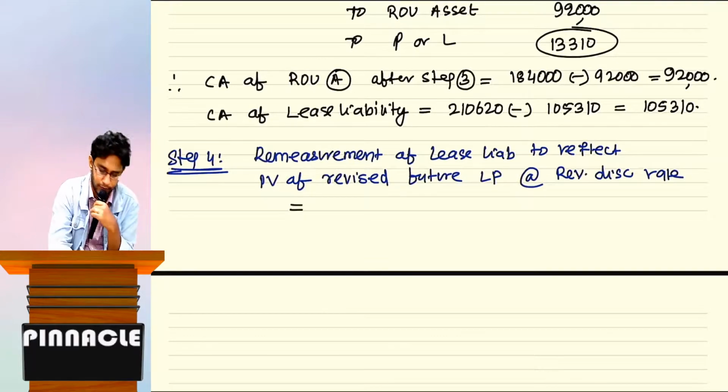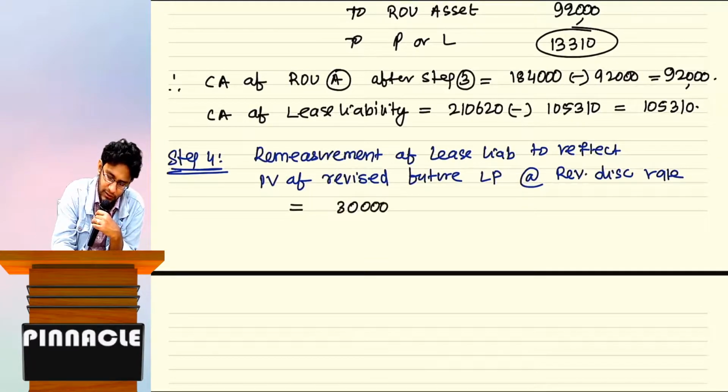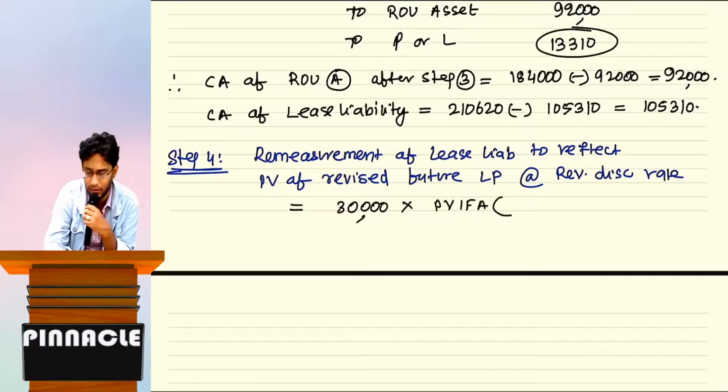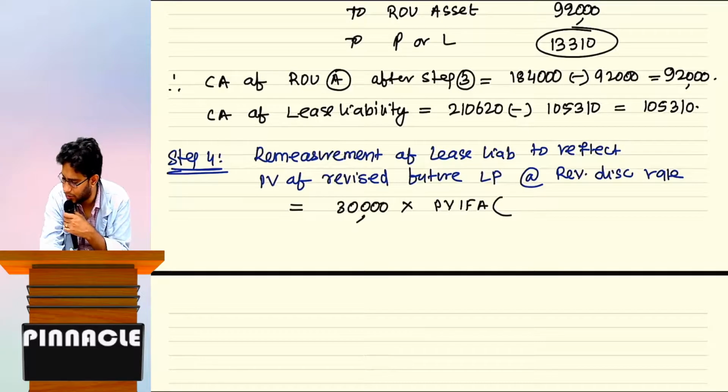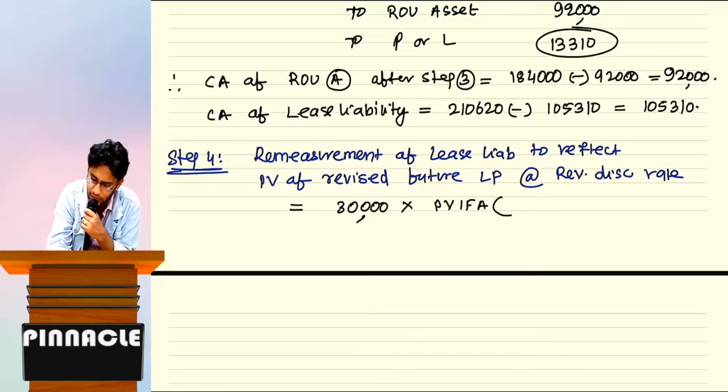That should be equal to 30,000, which is what you agreed to pay, times PVIFA. Remaining 5 years is there. Now today's discounting rate, pick up from the question. Originally we used 6%, now it is 5%.